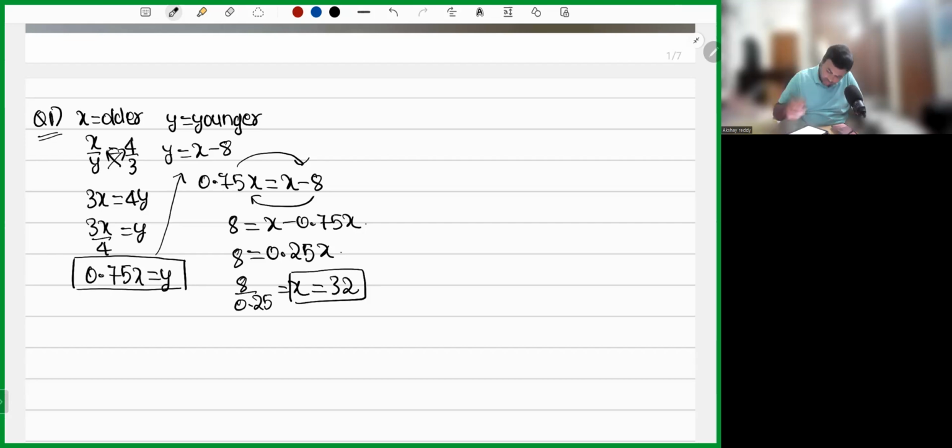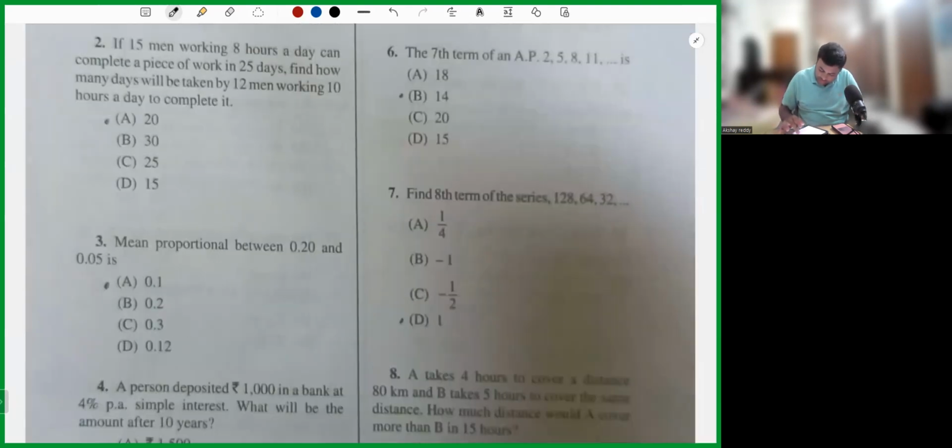Now, what is the value of y, sir? The value of y is x minus 8. So y is equal to 32 minus 8, which is simply 24. So the value of y is 24 and the value of x is 32. So what is he asking, my dear friends?